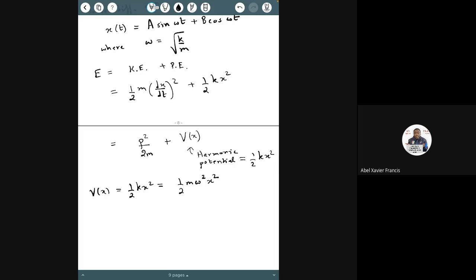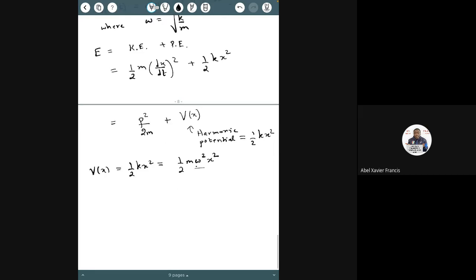Now the advantage of doing this is we just want to keep the variables the same as in the wave functions. In the wave function you end up with omega, so we are also writing the potential with omega just to keep the notation similar.